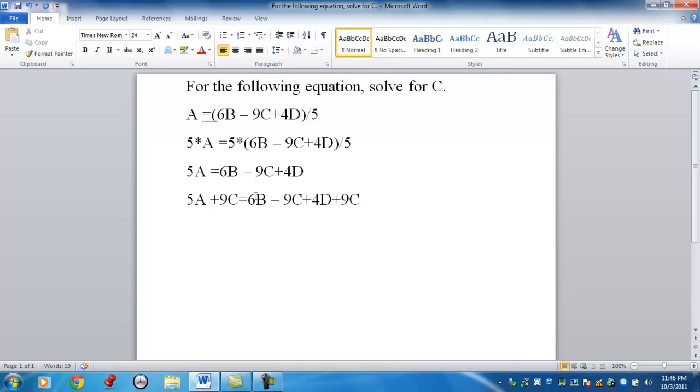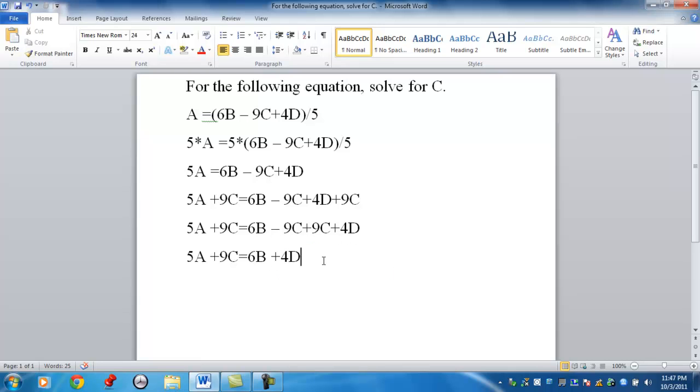And with the commutative property, what will happen is the 9C's are going to cancel out because one's negative and one's positive. So in adding them together, they'll cancel each other out. And as a result, these will cancel.